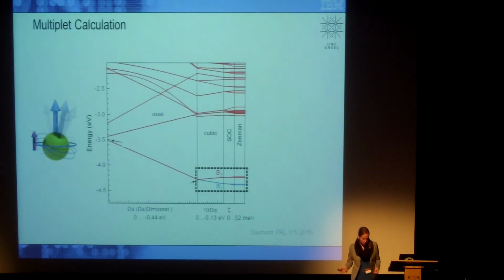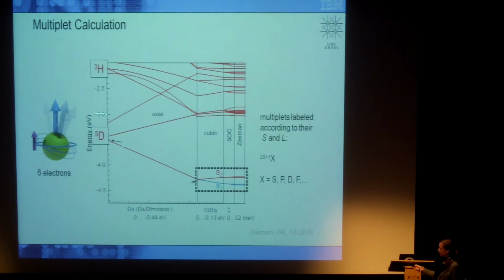Basically, this would be the energy spectrum of this, which is a little bit far out, but these are basically the atomic multiplets. Here, according to Hund's rule, L equals 2, S equals 2, so that's a 5D, and they split up due to the ligand field, right? The axial and the cubic, these are the ligand field contributions.